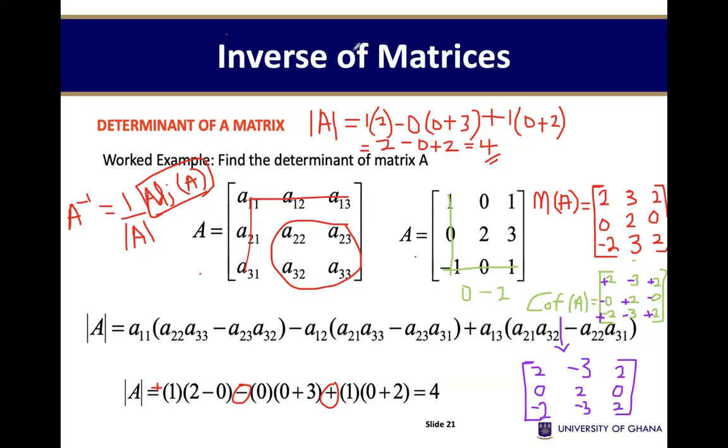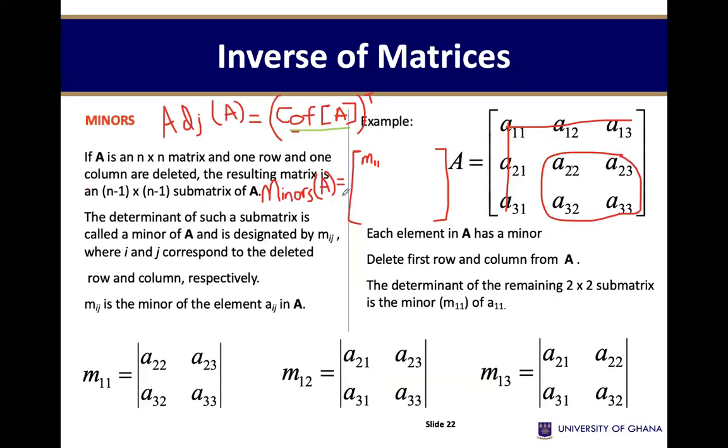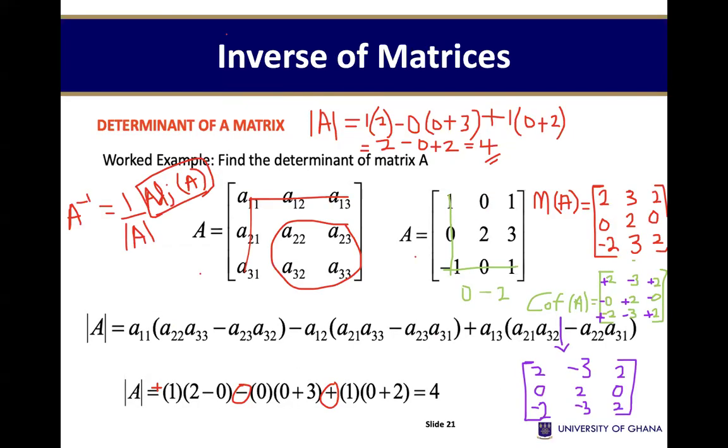Very good. So now, what is the formula saying? The formula is saying that for us to be able to find the inverse, transpose the cofactors of A. Very simple. So we have been able to get this. This is where we are.